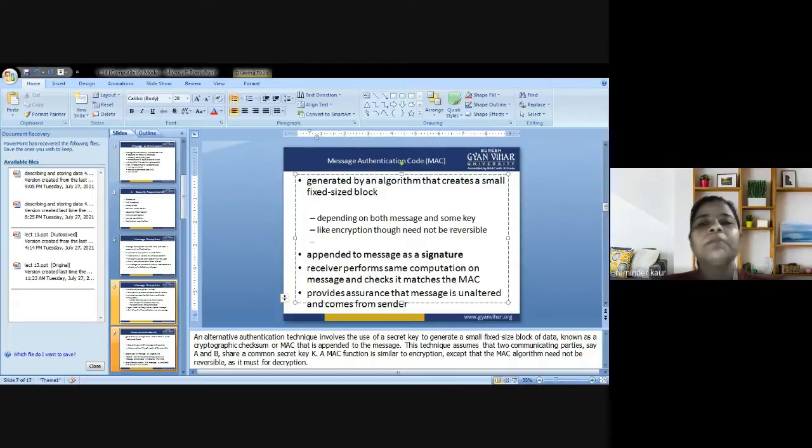Next is basically security, because we are dealing with security terms here. What is security in MAC? MAC functions are similar to cryptographic hash functions, but they possess different security requirements. To be considered secure, a MAC function must resist existential forgery under chosen message attacks.